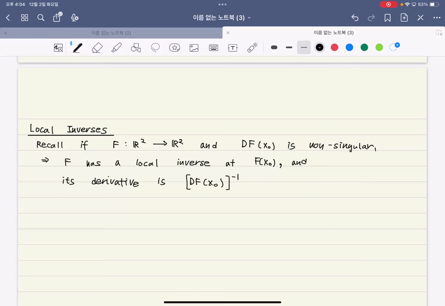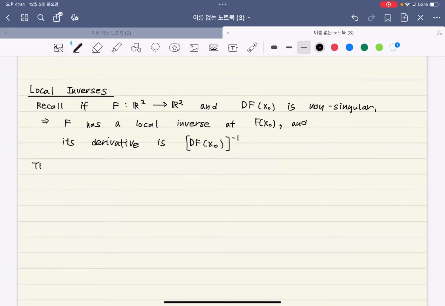So this is our theorem. Okay. Now moving on to complex analytic functions, we have this theorem.